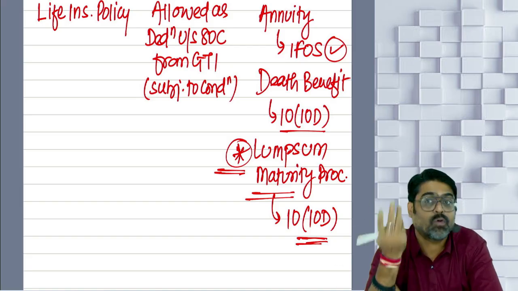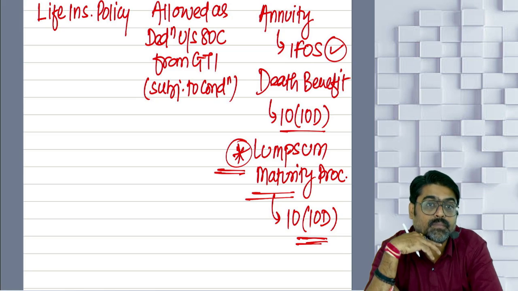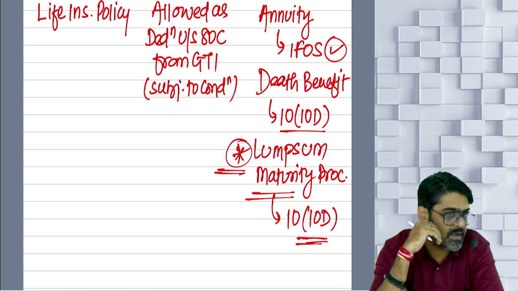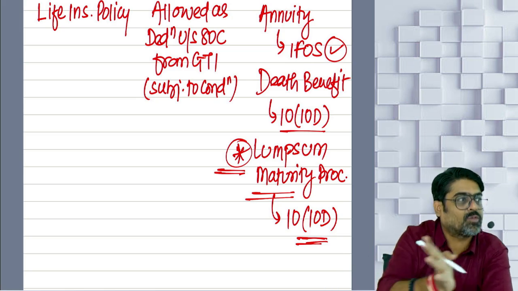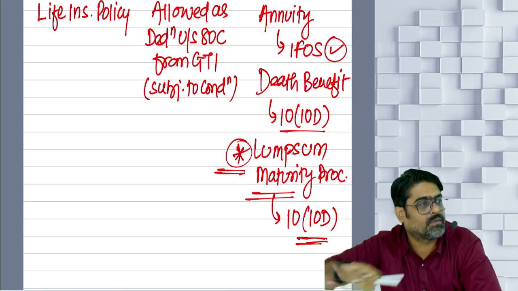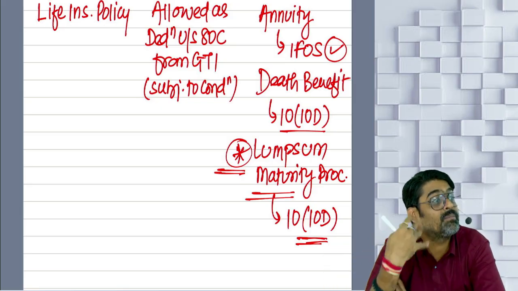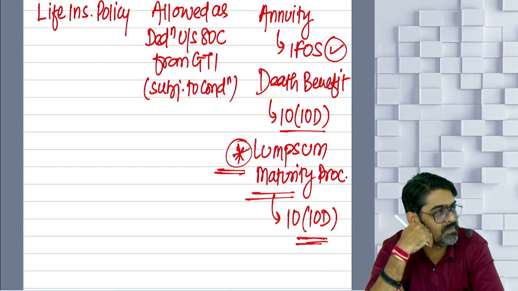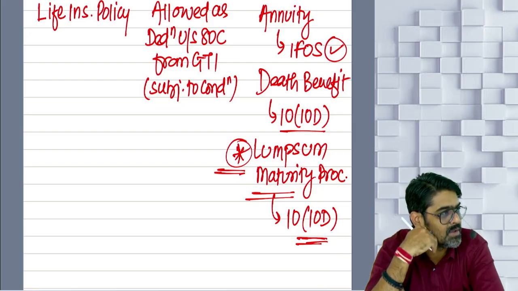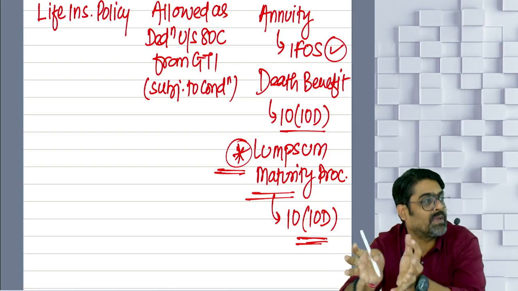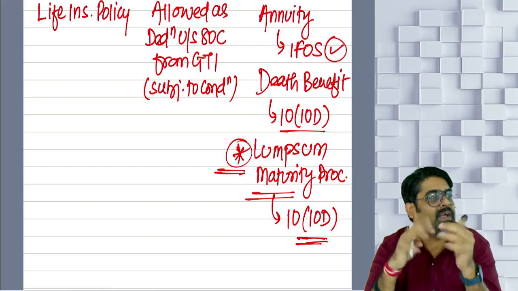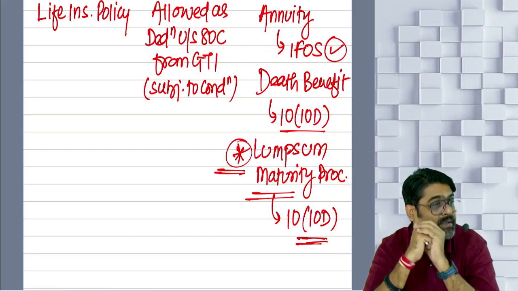Understanding? But what if you survive in that term? You had taken a policy for 10 years, no? So whatever premiums you have paid so far will come back to you, including some excess amount, bonus, etc. Yes or no? That is known as lump sum maturity. So it is as good as your investment.